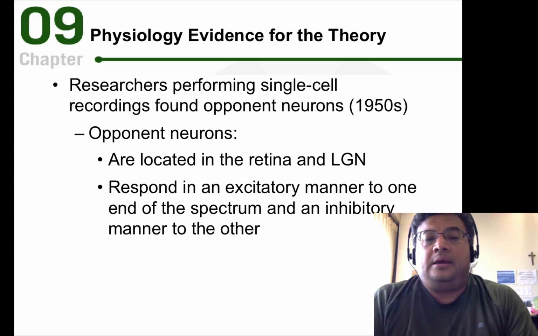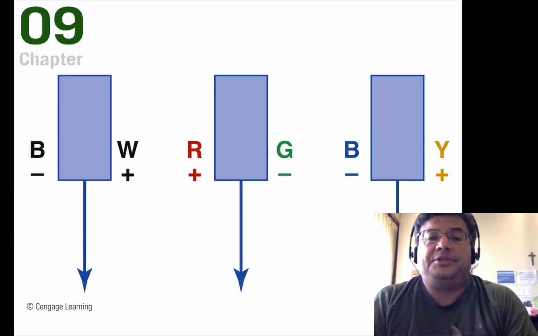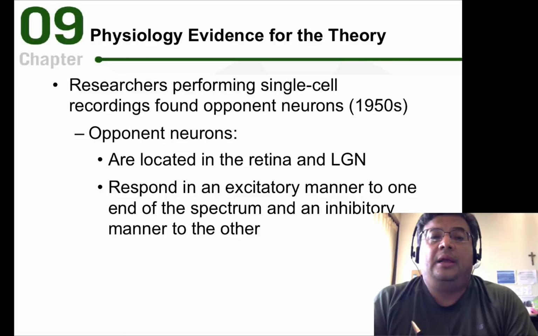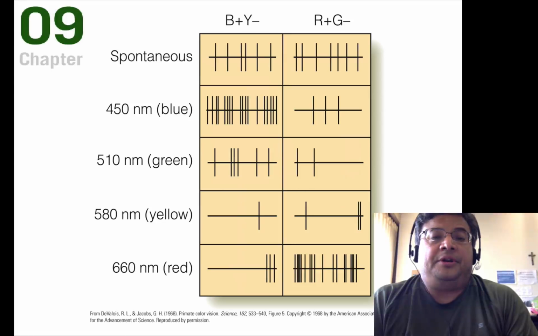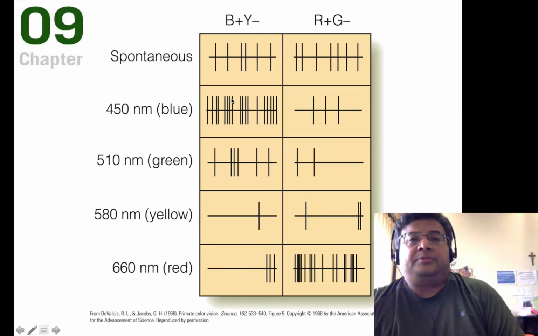And basically, like the cartoon processes that are illustrated here, these neurons behave the same way. So here's an example, a cartoon drawing of some of the data. The columns represent different types of opponent neurons. So this is a neuron that is stimulated by blue and inhibited by yellow.